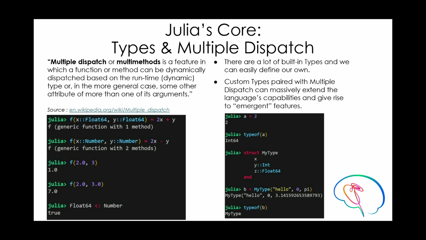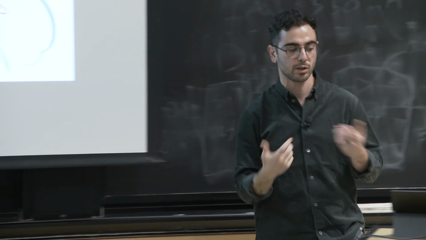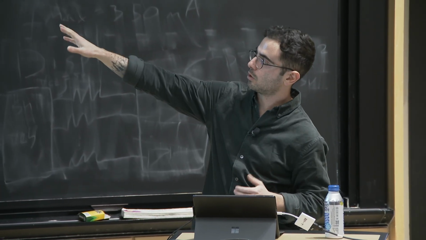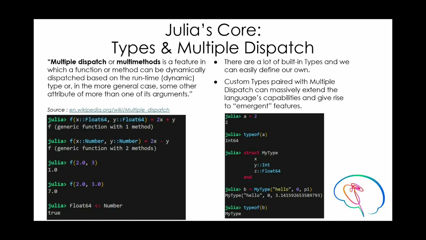And now types, Float64s and Numbers, those are Julia types, but also you can define your own types, and we will do that tomorrow when we define our own blocks. And on the right here, you can see an example of defining a structure called MyType. Structures are collections of elements.